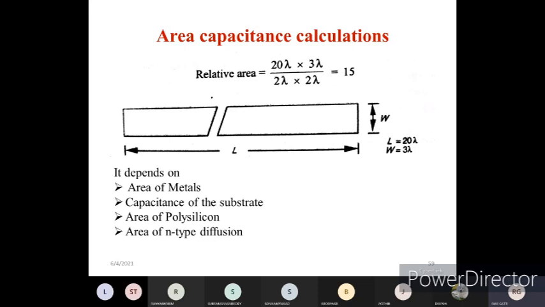The unit of area capacitance we will represent as Cg, and the unit of capacitance we define as the ratio of the gate channel capacitance of a MOS transistor having length and width the same. So the unit area capacitance Cg is defined as the ratio of gate to channel capacitance of the MOS transistor having length and width equal to 2 lambda.